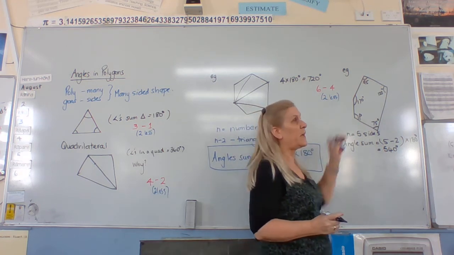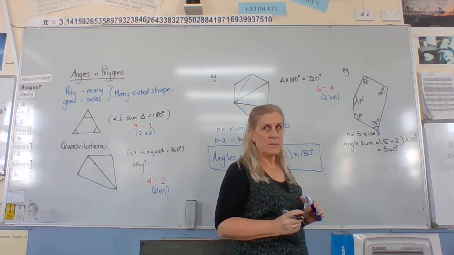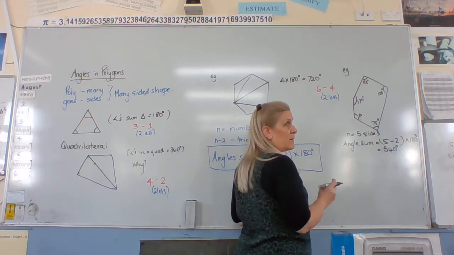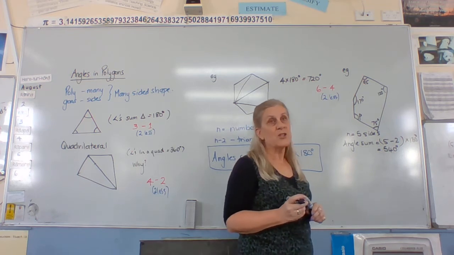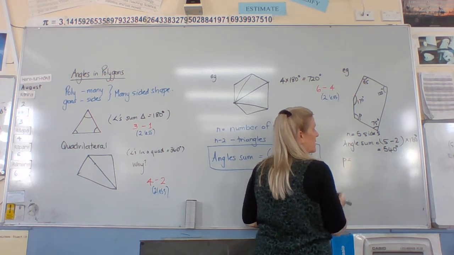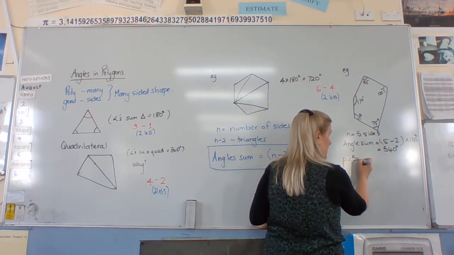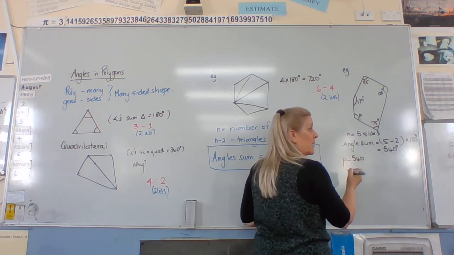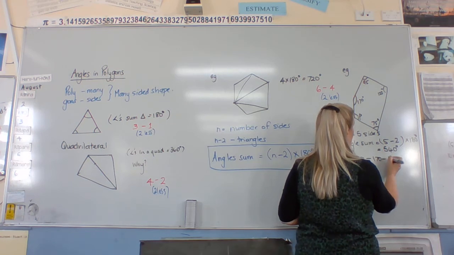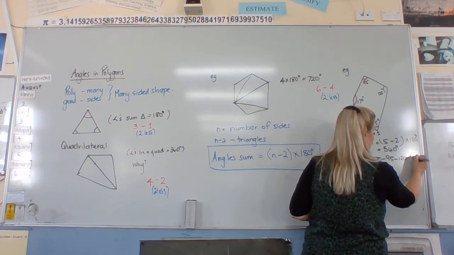So how will I find P? P equals 540 minus 170 minus 95 minus 120 minus 75.